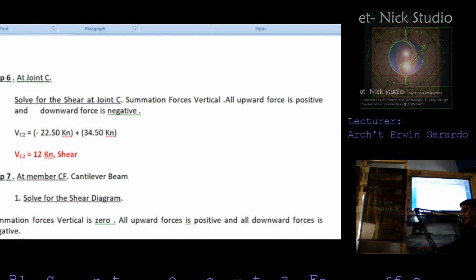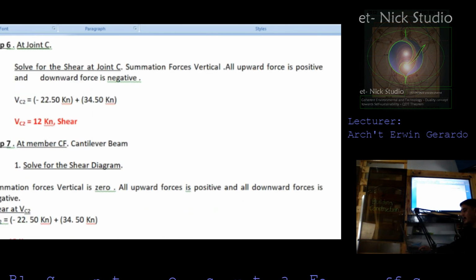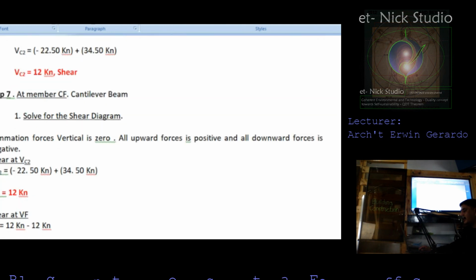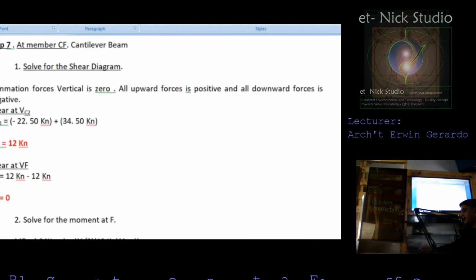For step 7, at member CF for the cantilever beam, you need to solve for the shear diagram. So the summation of vertical forces is 0. All upward forces are positive and all downward forces are negative. Now, we were able to attain 12 kilonewton, so just transfer this to this side. Because you have positive 12 kilonewton minus 12 kilonewton, VF therefore is 0.